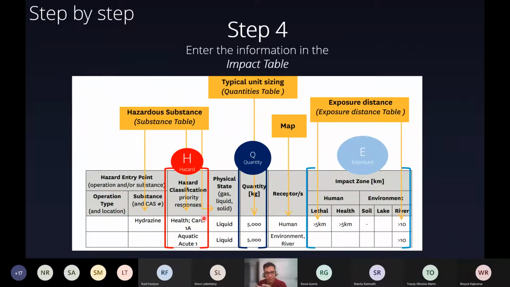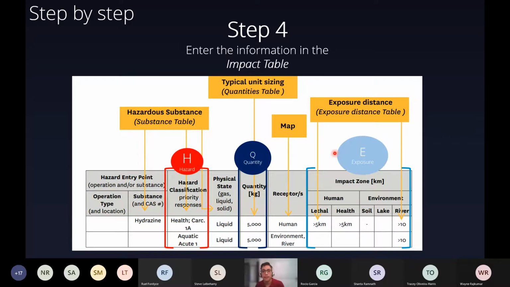Then you put the physical state, you put the quantity, the probable receptors, and the impact zones. So from the 3 steps from before, we put in here the hazard, in here the quantity, and here the exposure. This is the result from the FEAT, and that will help you map the possible areas that could be affected by different types of spills of different substances.